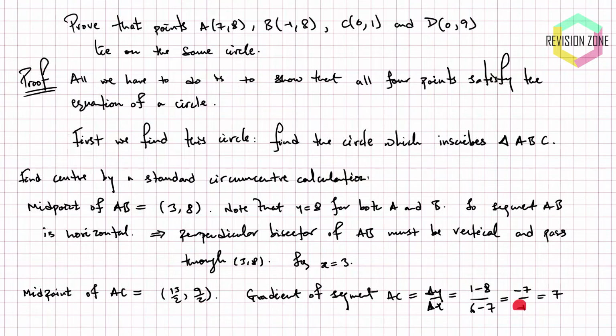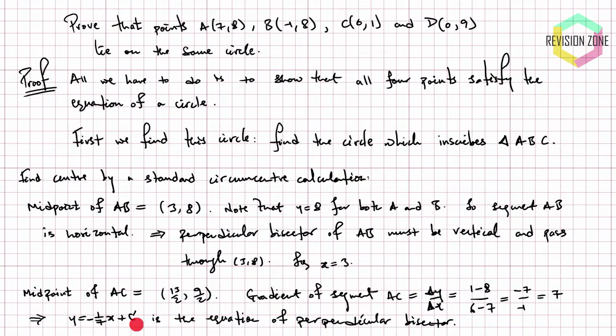That simplifies to give me minus 7 over minus 1, which is 7. So my segment AC actually has a gradient of 7, which means the perpendicular to it, by using the standard property that you flip the gradient and you stick a negative in front, is going to be minus a 7th. So I can write down the equation of my perpendicular bisector, which is going to be y equals minus a 7th x.